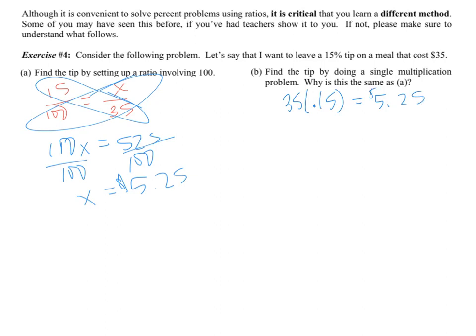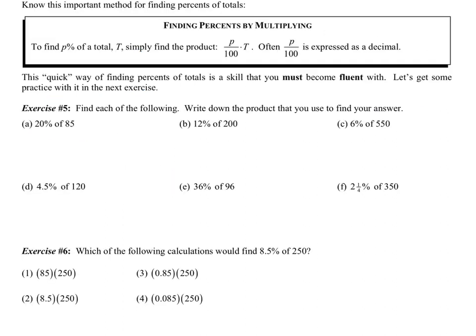They are the same, so either way is an appropriate way to solve. So to find the percent of a total t, simply find the product of p divided by 100 times t. So this quick way of finding percents of totals is a skill you must become fluent with. Let's get some practice with it in the next exercise.